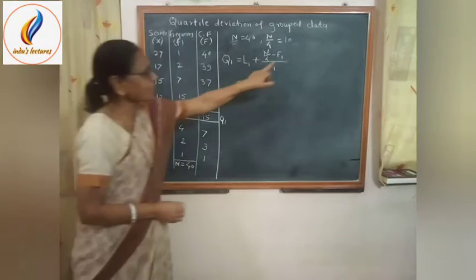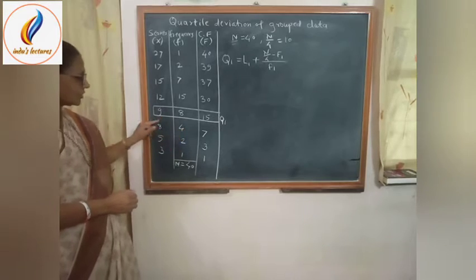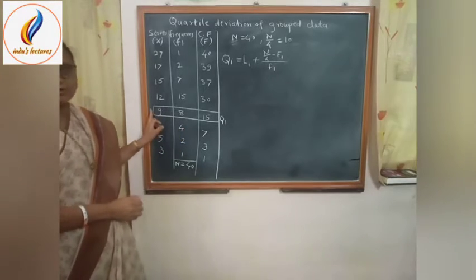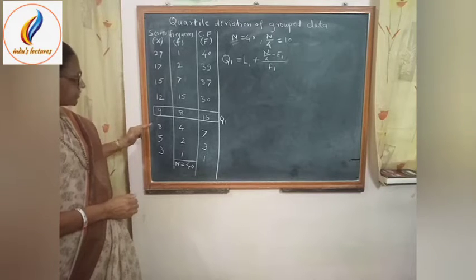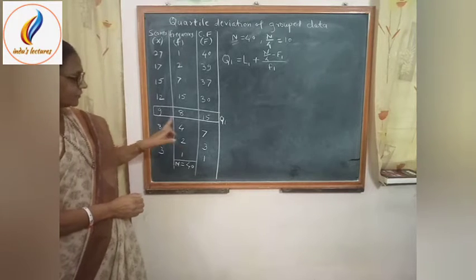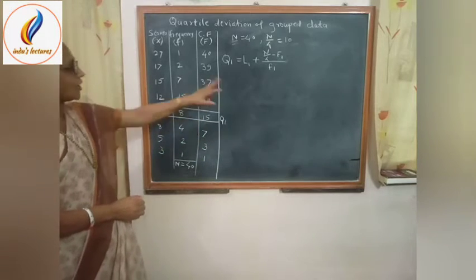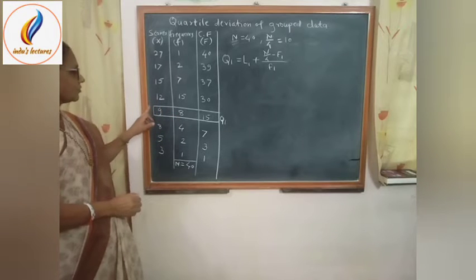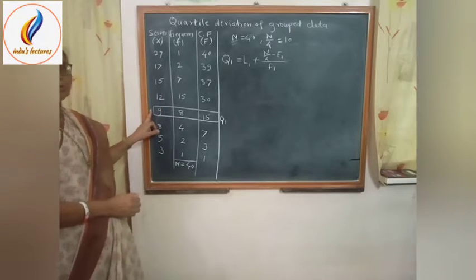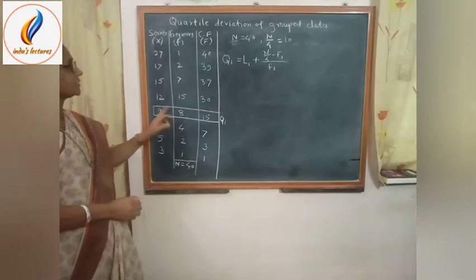Now capital F1 is the cumulative frequency of the score below the first quartile score. That means below the first quartile score the score is 8 and its cumulative frequency is 7. So F1 is equal to 7, and small f1 is the frequency of the score which shows the first quartile. That means the first quartile score frequency is 8.